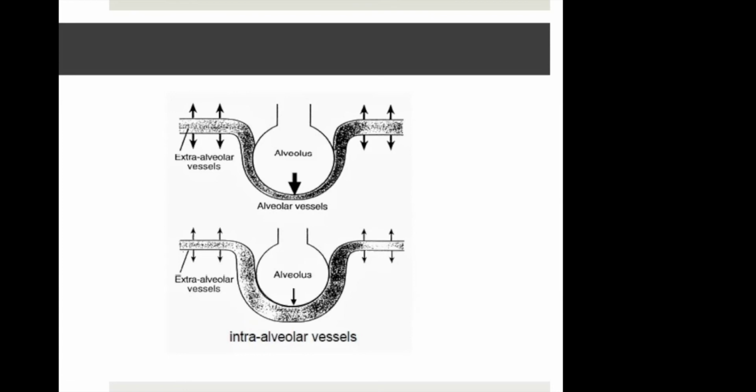And then at the bottom image, you've got, say, low lung volume, say residual volume. You've got compression of the extra-alveolar vessels instead. And so that also increases pulmonary vascular resistance. So with both of them, with the graph, you get the U-shaped graph where resistance is highest at lowest lung volume and highest lung volume.